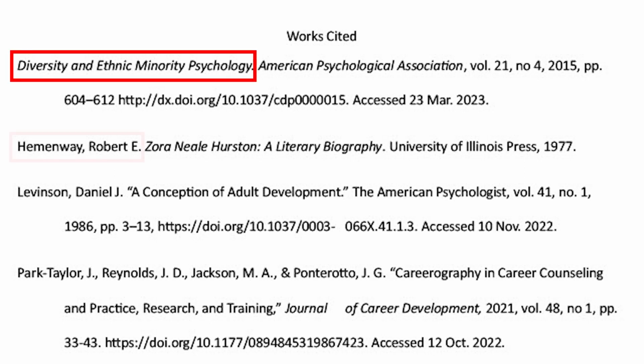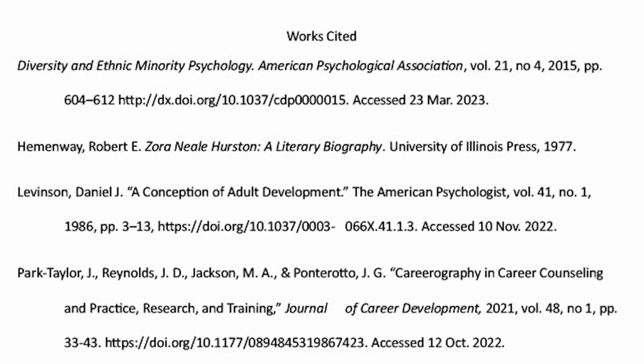The author is usually the very first thing that's in the entry. In this case, I started you on a trick question situation. And that is that, truthfully, the American Psychological Association, which wrote diversity and ethnic minority psychology, is actually the author. But because there's no real author, we have to go with the title.